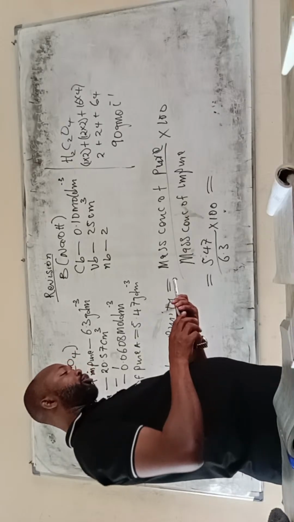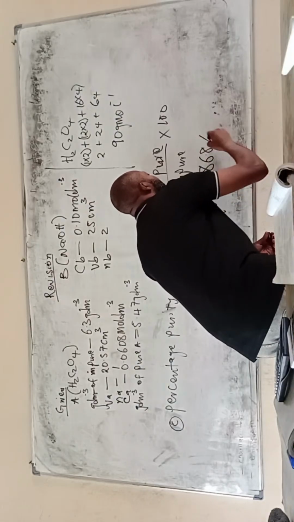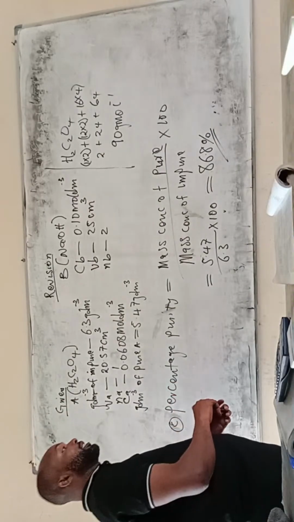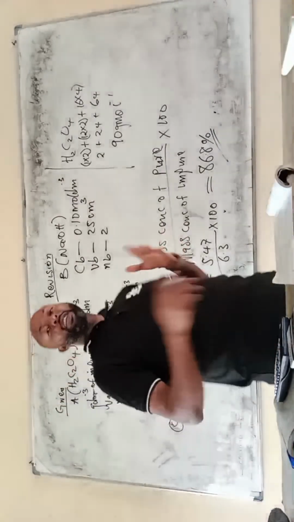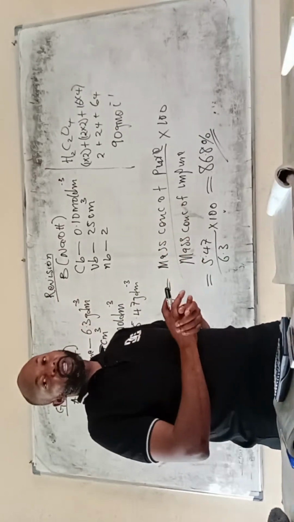It is 86.8. So we have 86.8%. So the ethanedioic acid is 86.8% pure. That's relatively pure. Let's put it that way.